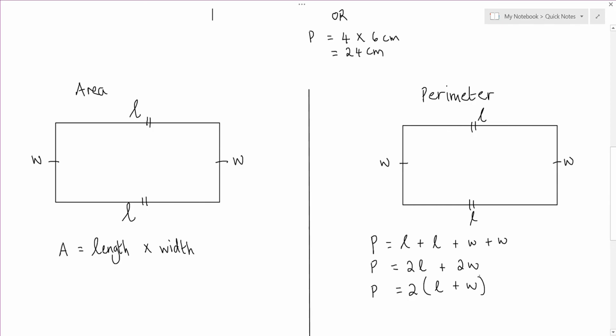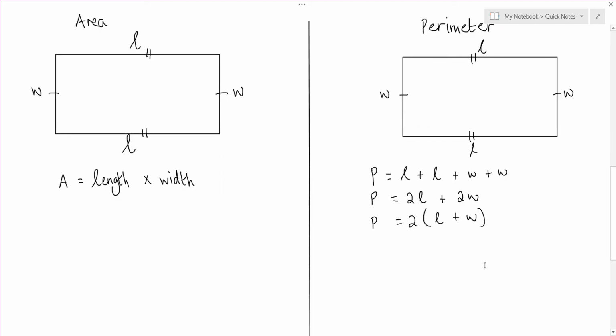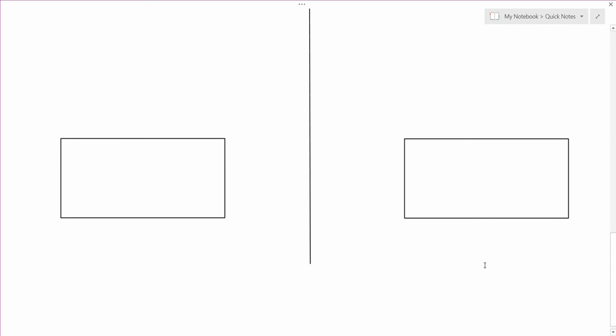You could either just add them up, length plus width, or you could say two lengths plus two widths, or you could say 2 and open brackets, your length plus your width. Okay, now let's use an example. Let's say you have 12 centimeters here, and here you have 4 centimeters.